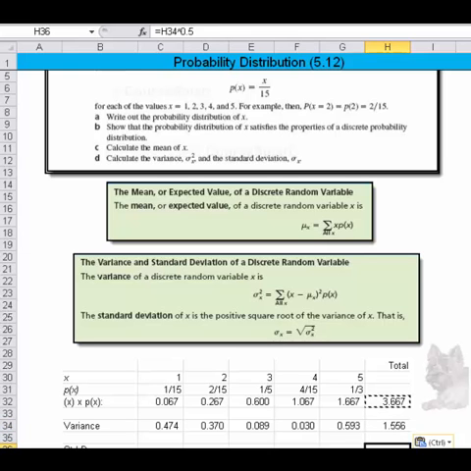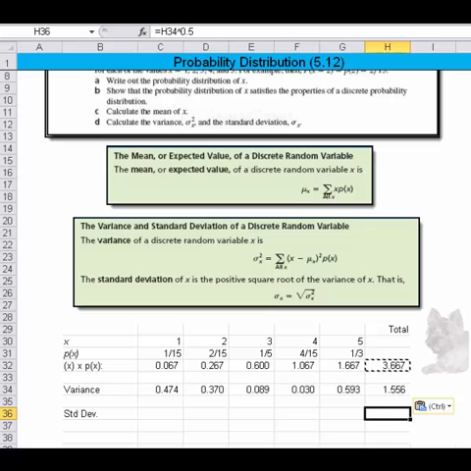Then to calculate the standard deviation, I'll slide down one more time and bring this to light. All you're doing here is taking the variance and taking the square root of it. You can take that to a power of 1/2, or you could use Excel's square root feature.